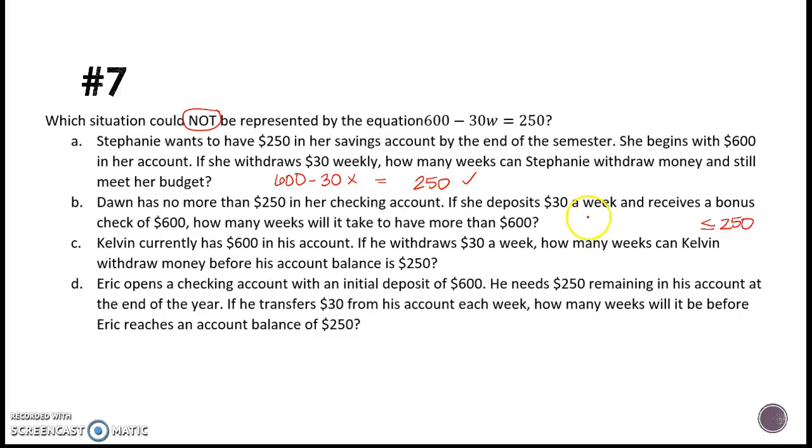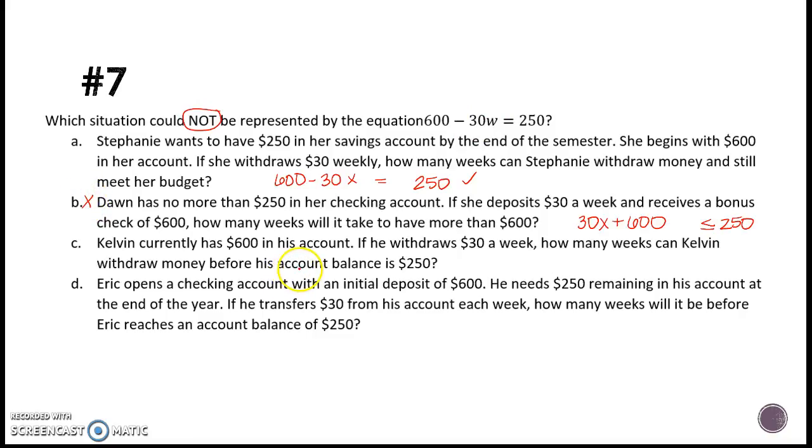If she deposits $30 a week and receives a bonus check of $600, how many weeks will it take her to have more than 600? Okay, so she has no more than 250 in her account. Well, this isn't adding up right, because we have 600 and we're adding 30W. So this is minus. So this one doesn't look right to me so far.